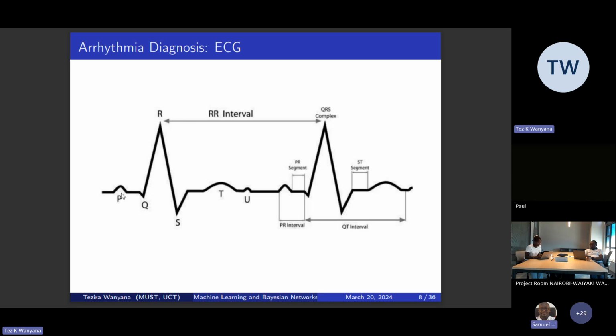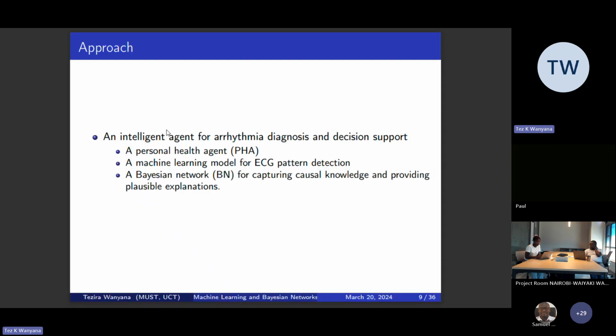This is what we have been trying to do in this work: checking if a P wave is present or absent, detecting if atrial fibrillation is present or absent, and then trying to explain that using expert knowledge. Our approach mainly focused on an intelligent agent for arrhythmia diagnosis.